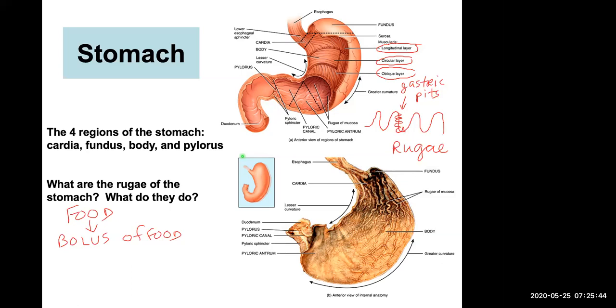Okay, and so now that soupy acidic mixture is no longer called food or a bolus, it is called chyme. And we are going to keep calling it chyme as this material leaves and travels throughout the rest of the GI tract. Okay, so as it goes into the small intestine, the large intestine, it is still going to be called chyme. Okay, the soupy acidic mixture.